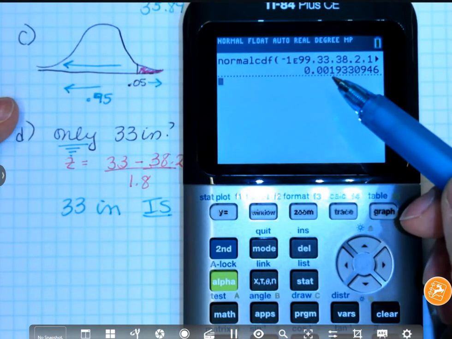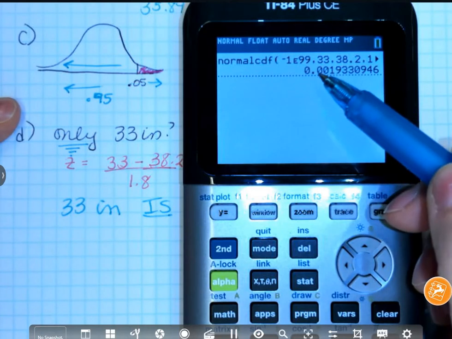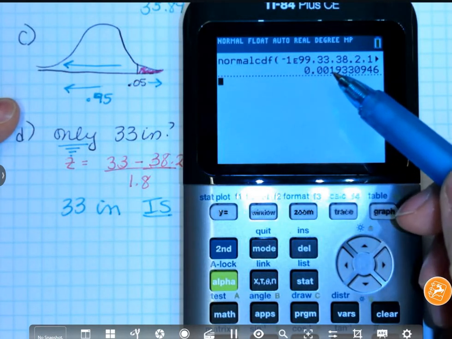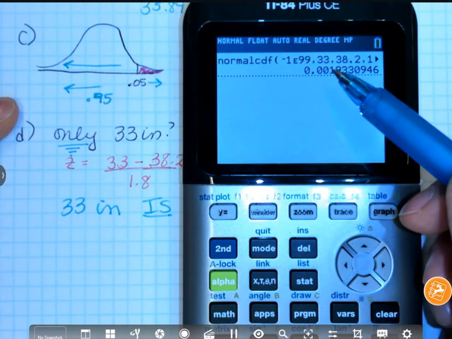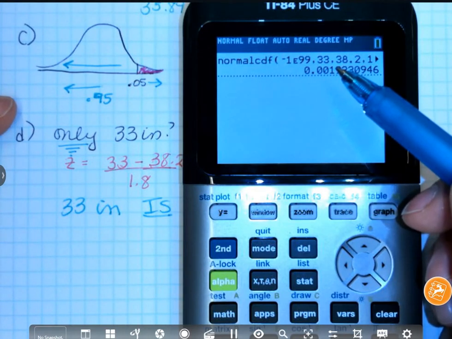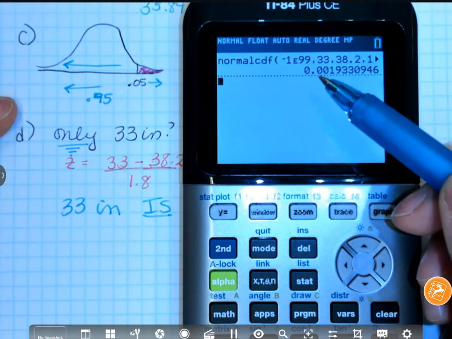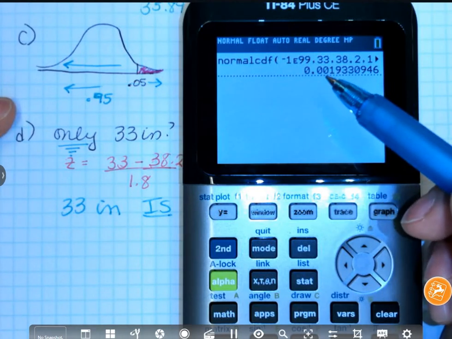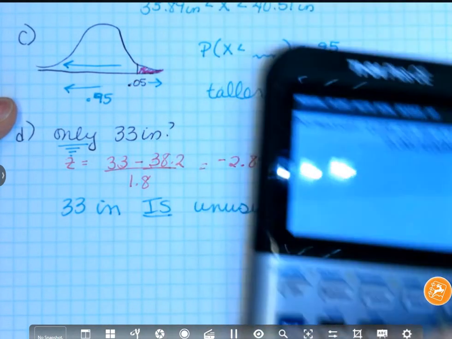That's a really tiny percent. Anytime you get a number that is less than 0.05, that's going to be considered unusual. This is where our 0.05 is going to start coming in. Either 2 standard deviations or a probability less than 0.05.